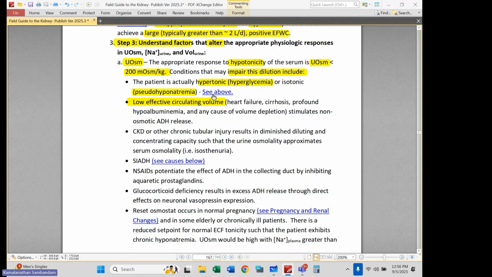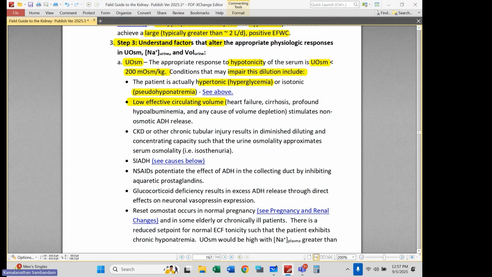The most common thing that makes my urine insufficiently dilute is any cause of low effective circulating volume. Remember, we talked about thirst being regulated by tonicity and low effective circulating volume. ADH is regulated by tonicity and low effective circulating volume.